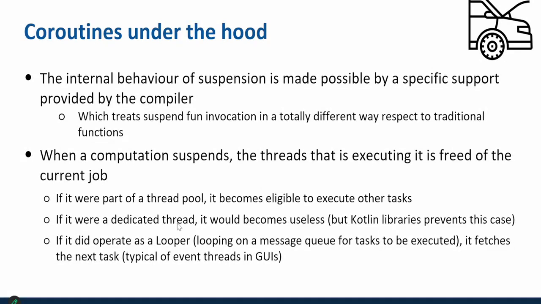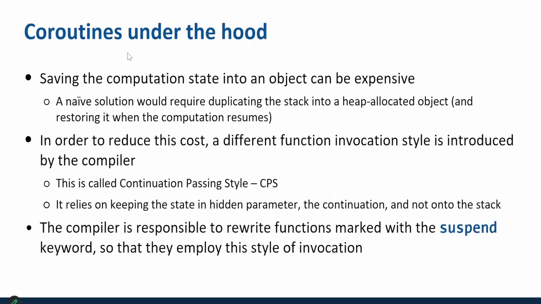If there was a dedicated thread that you ran, it will become useless, but the Kotlin library will put in place some mechanism to not waste resources. And if you have the looper, for instance for the main thread, this will be fetched as the next task to execute in the message queue. So the main two differences are between the thread pool and the looper mechanism.